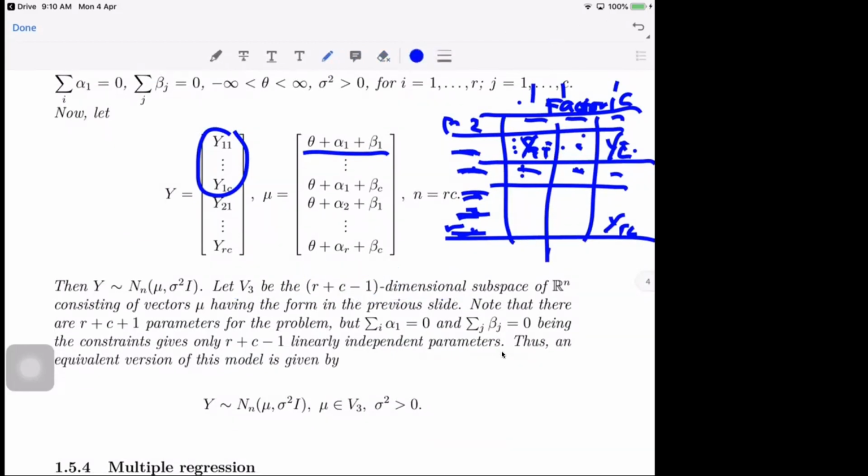So your model dimension will be the number of rows plus the number of columns plus 1. The 1 here will take care of theta.